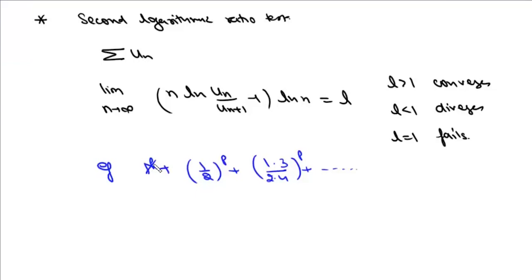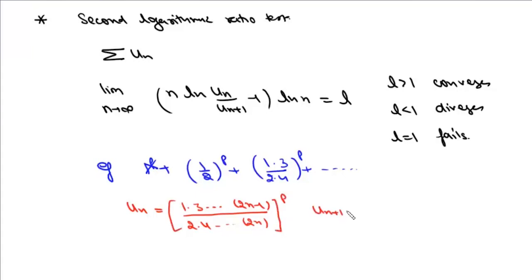If we ignore this first term, then we can write this u_n as (1 into 3 up to 2n minus 1 upon 2, 4 up to 2n) whole to the power p, and we can write u_{n+1} as (1, 3 up to 2n plus 1 upon 2, 4 up to 2n plus 2) whole to the power p.